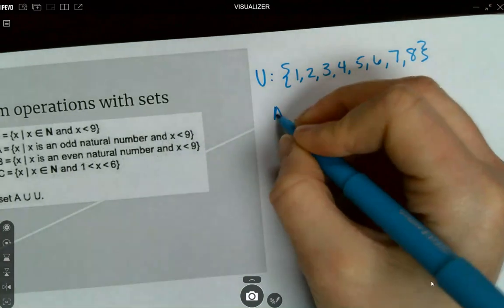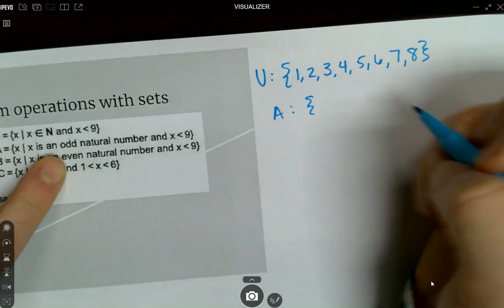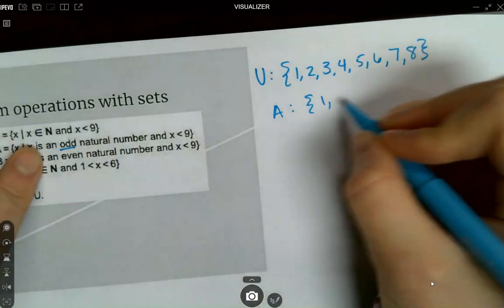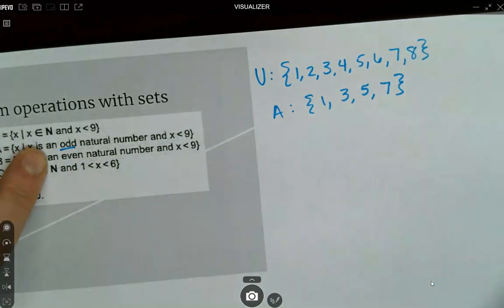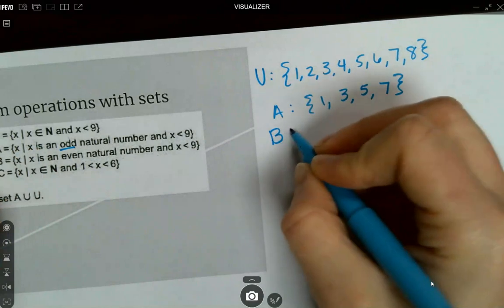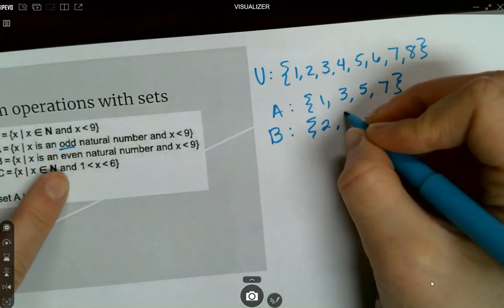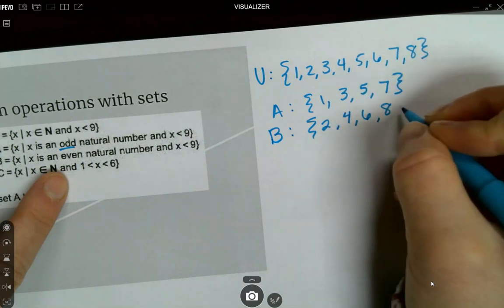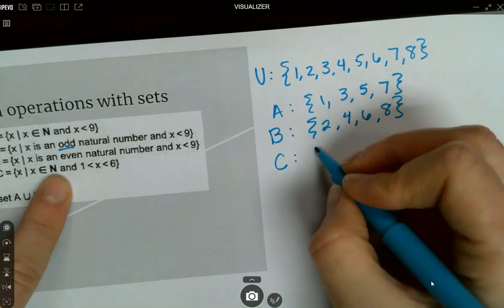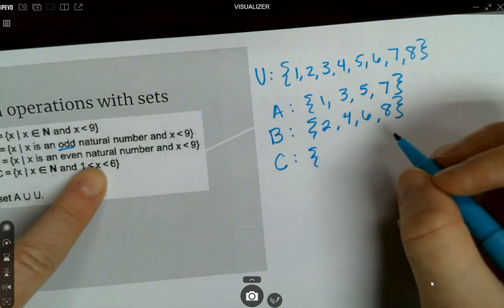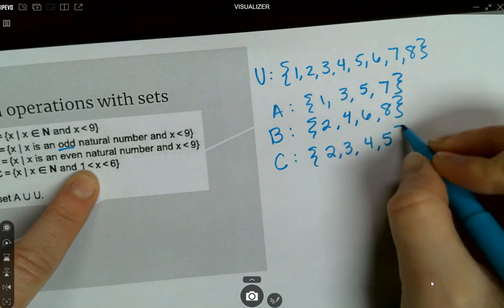Set A is all odd natural numbers, so 1, 3, 5, and 7. Set B is all even numbers: 2, 4, 6, 8. And then C, a third set, is all the numbers between 1 and 6: 2, 3, 4, 5.